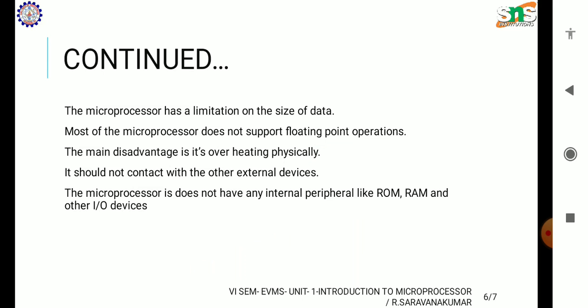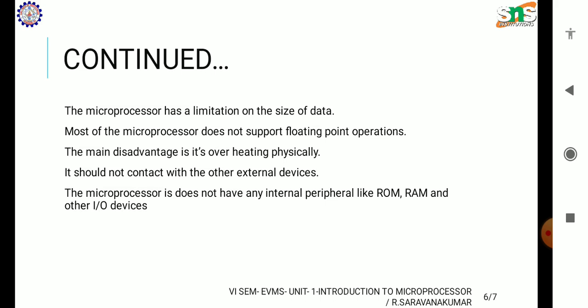In this, we are going to see that it has some limitations. First one is size: it has a limited size of data to process. Second, most microprocessors do not support floating point operations. Also, because of its processing, it becomes overheated, which should be avoided.